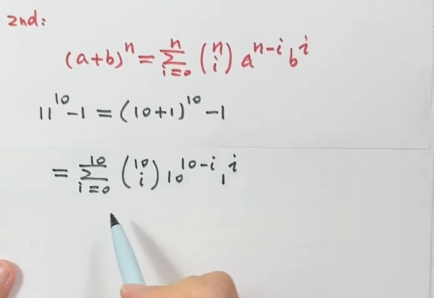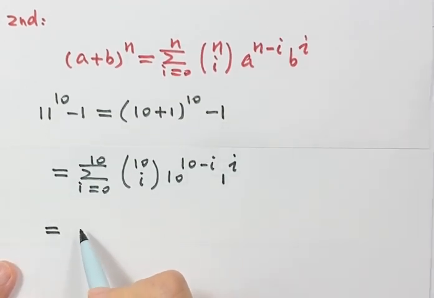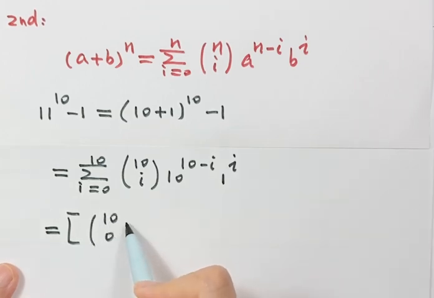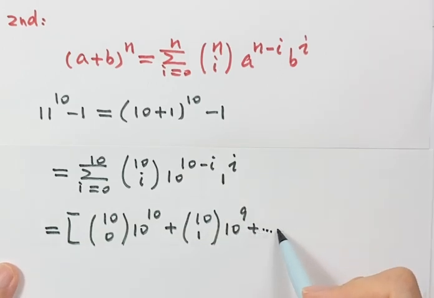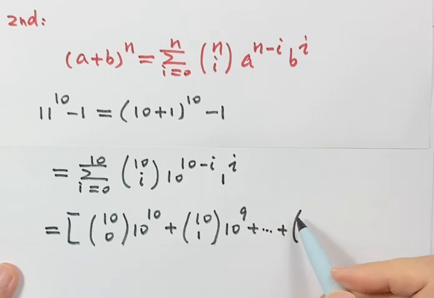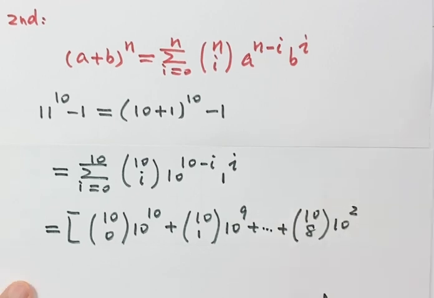So let's expand the sum. First, 10 choose 0, so here's 10 to the power 10. Next, 10 choose 1, then here's 10 to the power of 9. Then keep going, up to 10 choose 8, so here 10 squared.